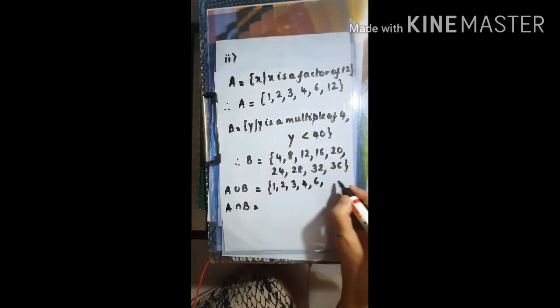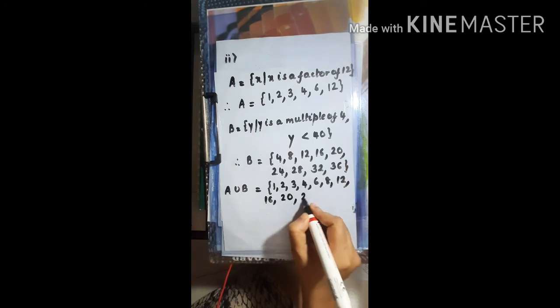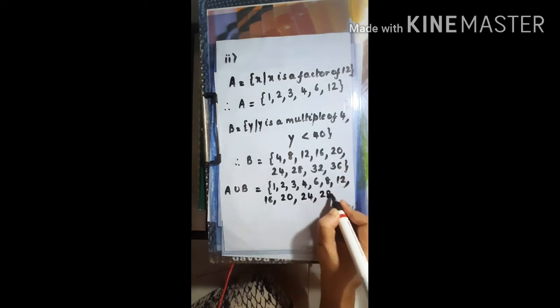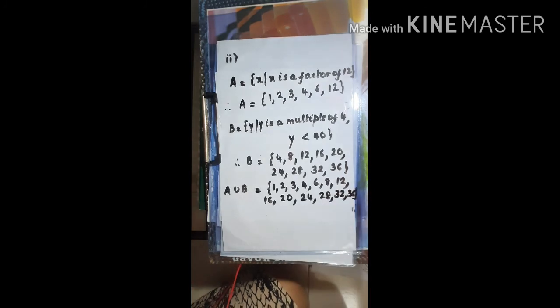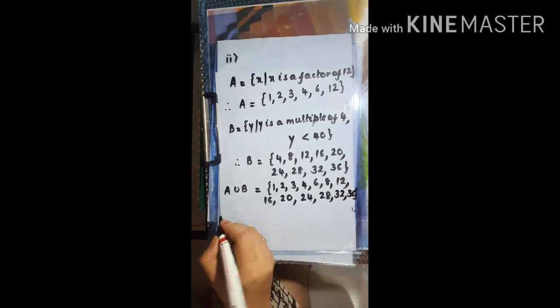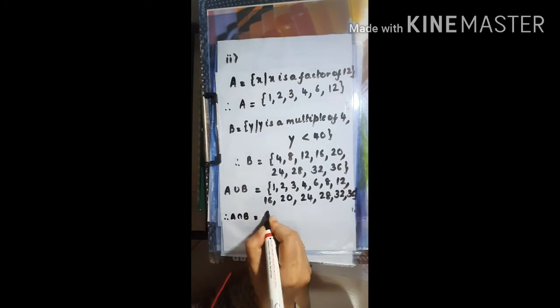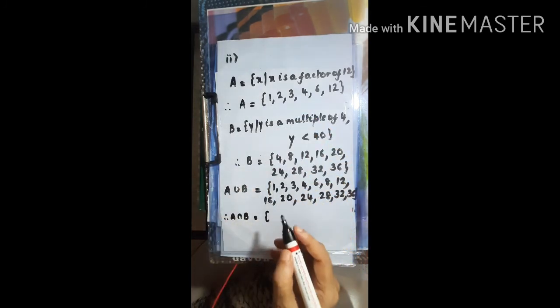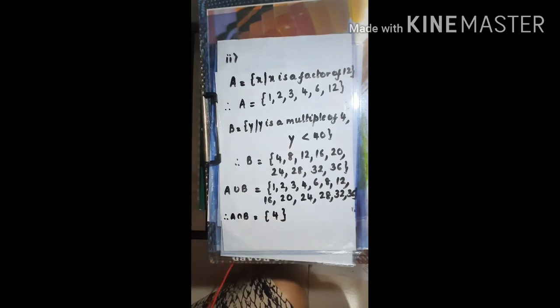Then 8, 12, 16, 20, 24, 28, 32, 36. Now what is A intersection B? Only what is common in both these sets. 4 is the only element which is common.